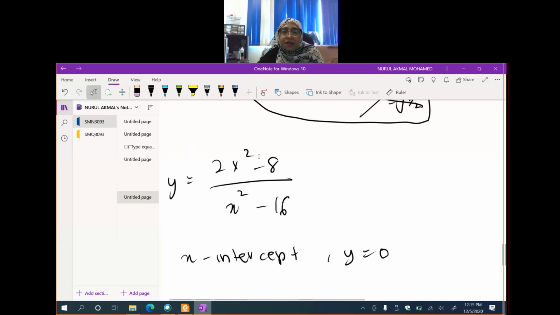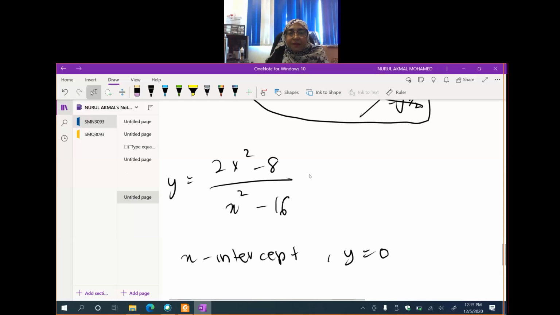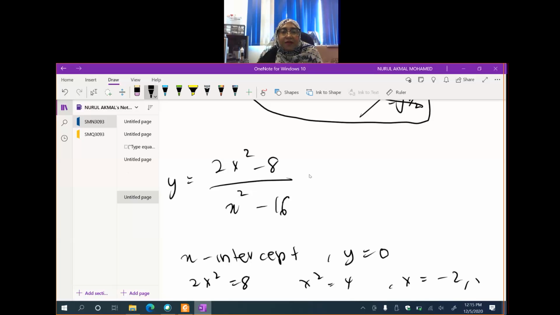Y equal to 0 means that you will have 2x squared equal to 8, right? So x squared equal to 4, which gives you x equal to -2 and x equal to 2, right?